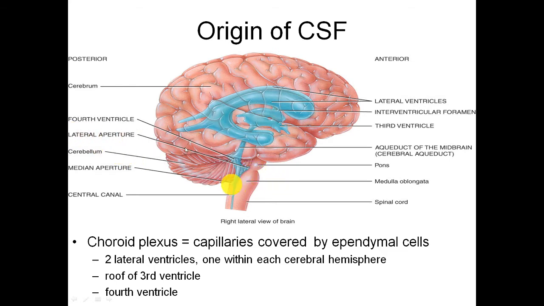The median aperture is sort of coming off of the middle. So the lateral is coming off, I should say, off the sides. And the median aperture is coming off the middle. For my class, really what I'm interested in is if you know that they are part of the fourth ventricle, all right? And that would be adequate.